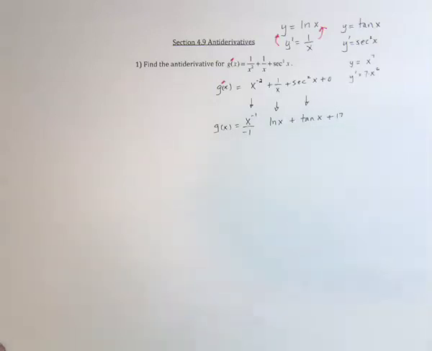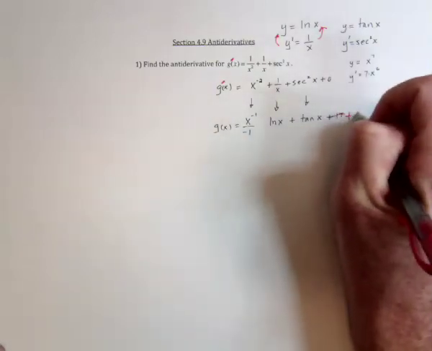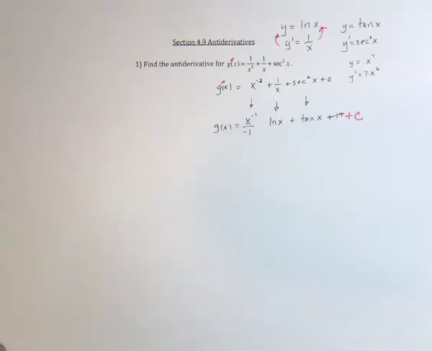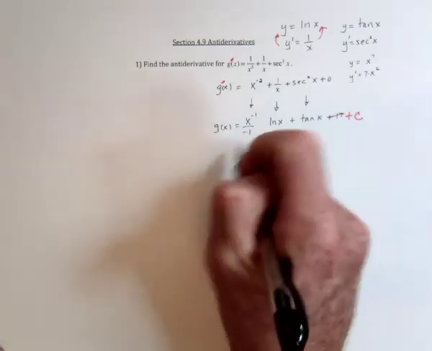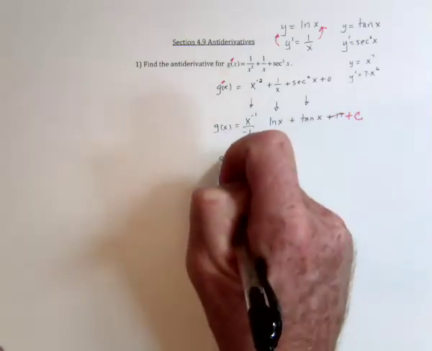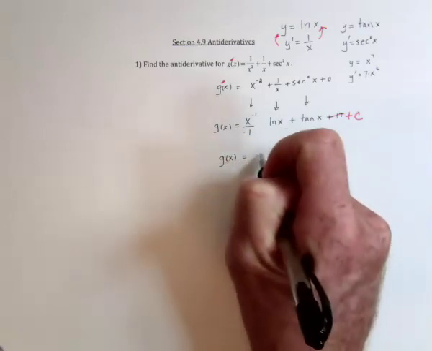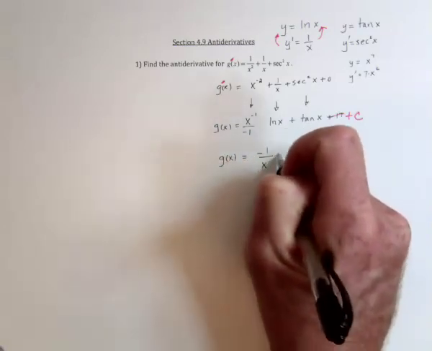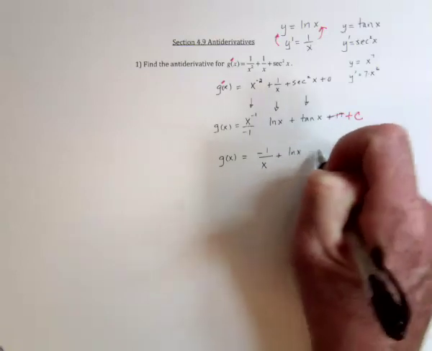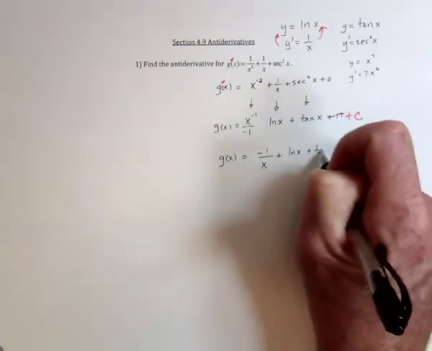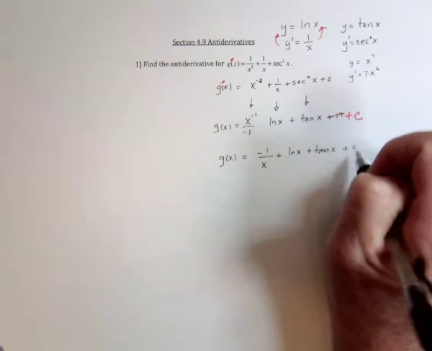So often what we do is just say plus c, a constant. The other thing is don't leave any negative exponents, so the antiderivative is negative 1 over x plus the natural log of x plus tangent and plus a constant.